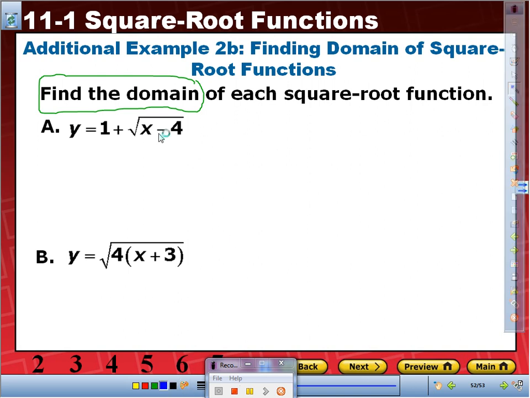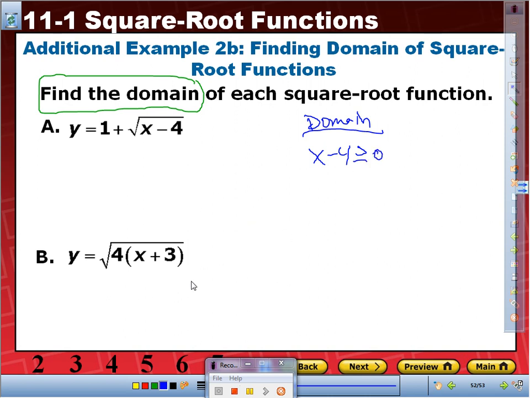So here we go. We're going to find the domain for this one. So, what did I say that we were going to do to find the domain? Write whatever's inside of the radical, x minus 4. Is that correct? Is that inside of the radical? And write greater than or equal to 0.